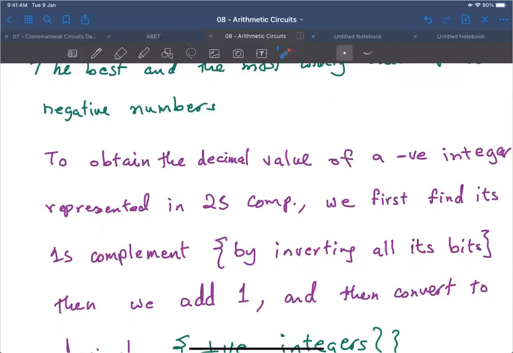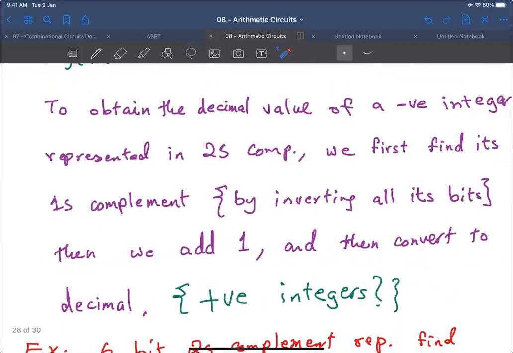Once we do that, we convert to decimal, and then we get the value of the negative number. For positive integers, there is no difference from the other two representations. You just convert to decimal and put a plus sign in front of the number. And how do we know positive from negative numbers? By inspecting the most significant bit.